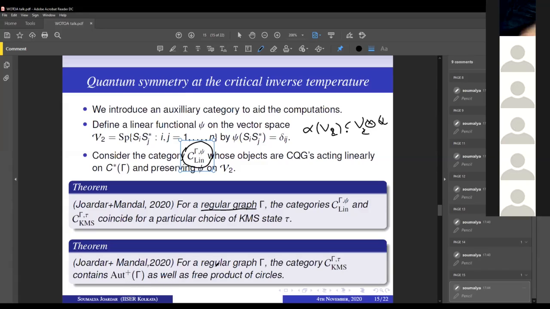But it was not observed whether that coaction also preserves that particular choice of KMS state. That we observed: it also preserves the particular choice of KMS state where these two categories actually coincide. And so in that sense, the universal object is quite large. It contains these two sub-objects.